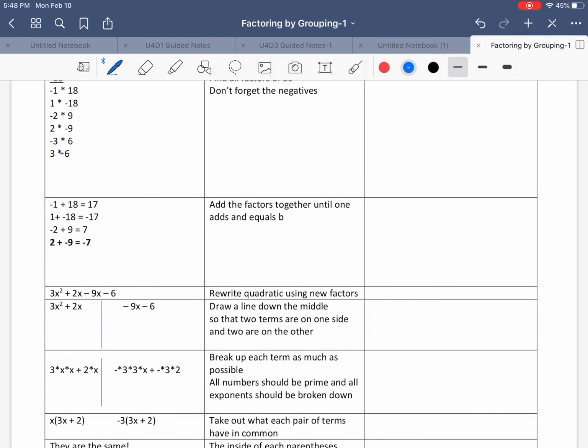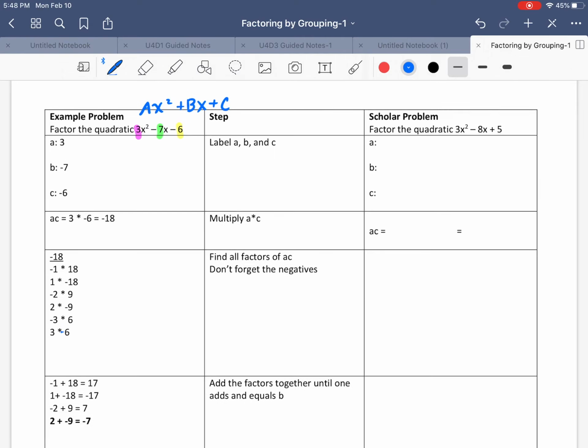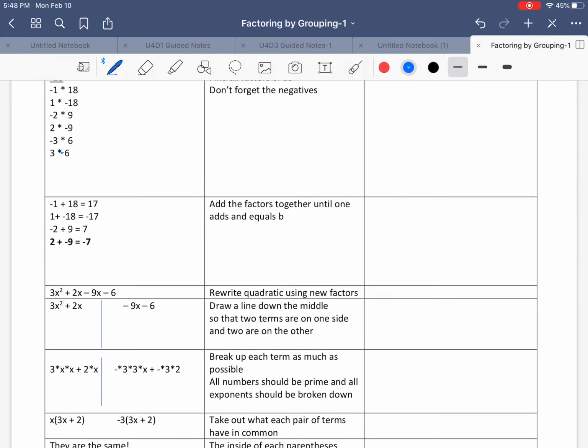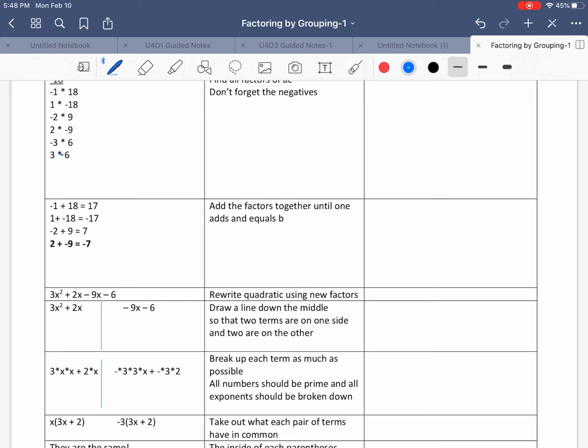Now step 4 is you're going to take those numbers and add them together until they give you the value of b. In our example problem, the value of b is -7. So we're looking for the factors of ac that add to give you -7. If we go through the first one, -1 plus 18 is 17. 1 plus -18 is -17. -2 plus 9 is 7, and then 2 plus -9 gives us -7.